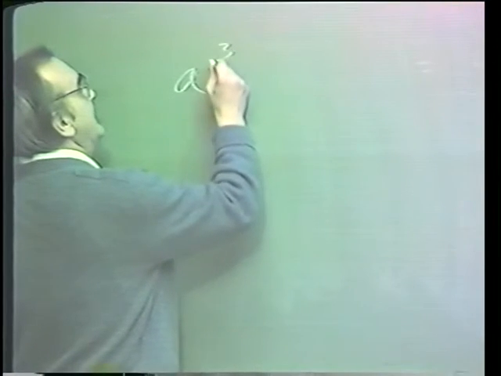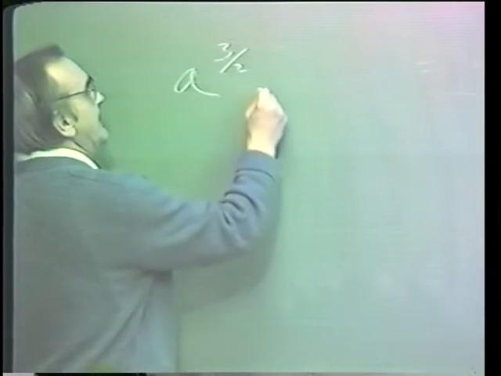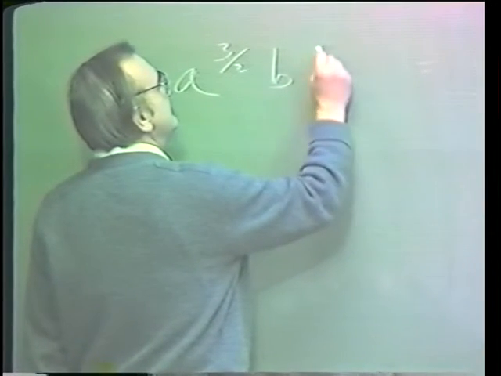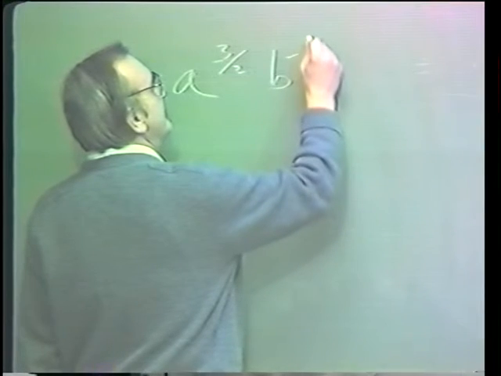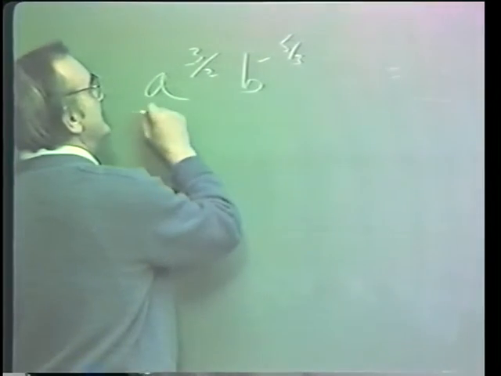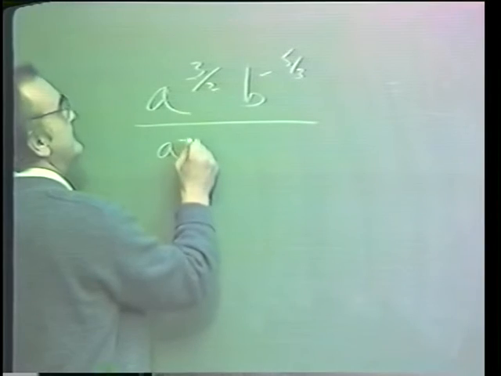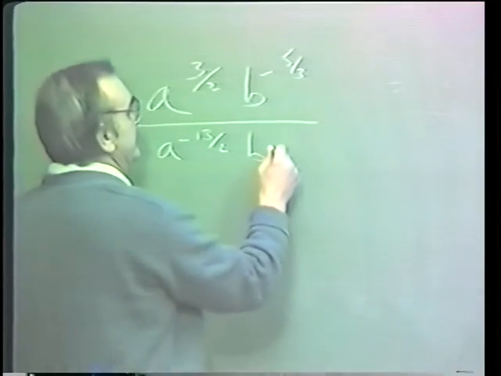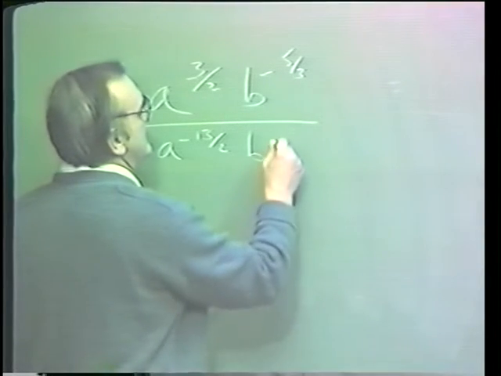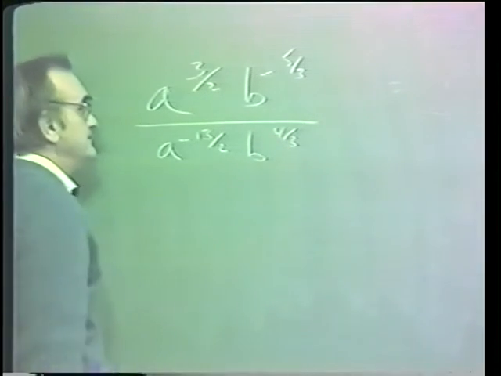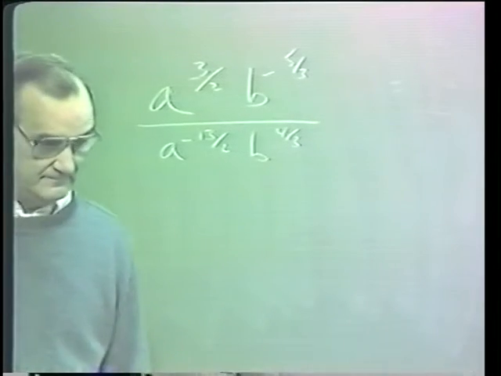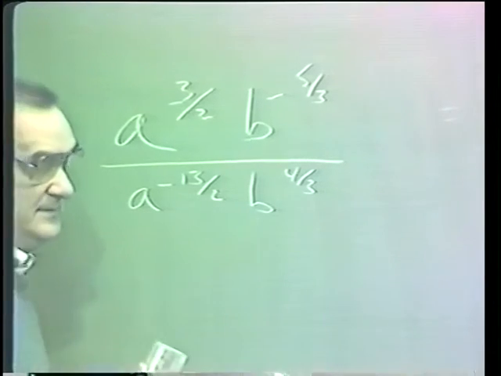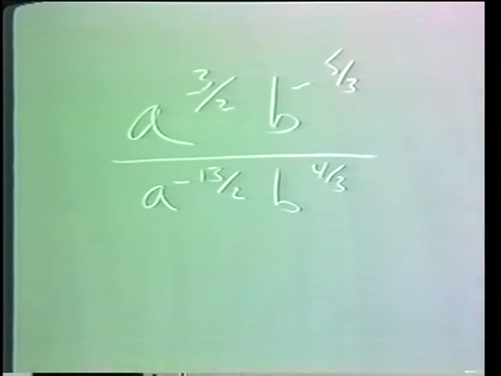That's a to the 3/2, b to the negative 5/3, all over a to the negative 13/2, b to the 4/3. Write that as a single fraction in simplified form without negative exponents.